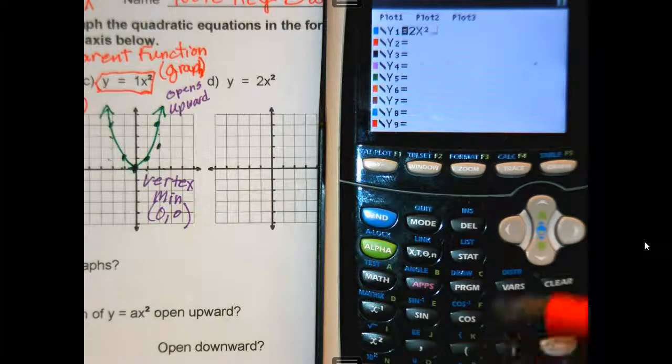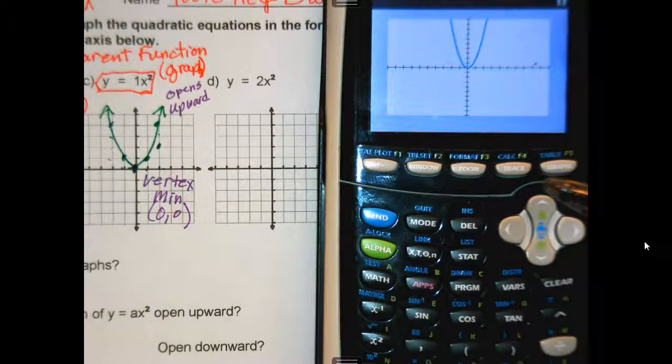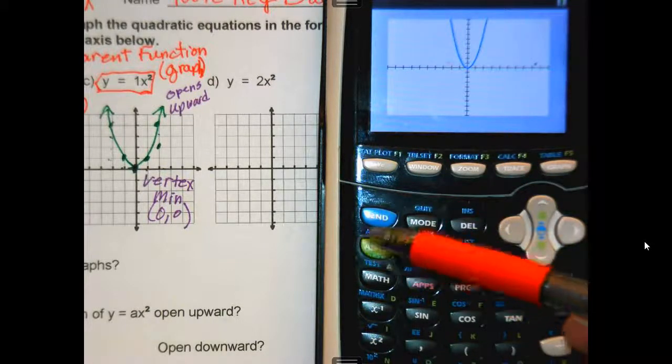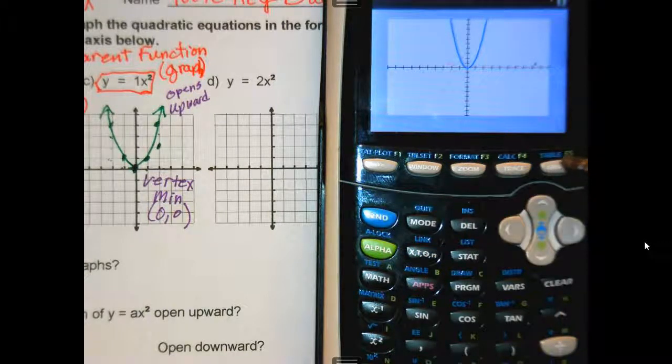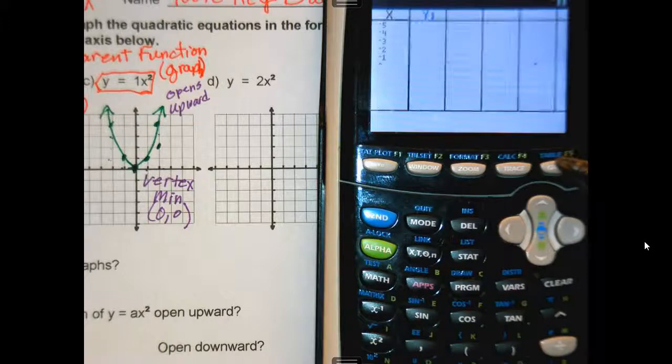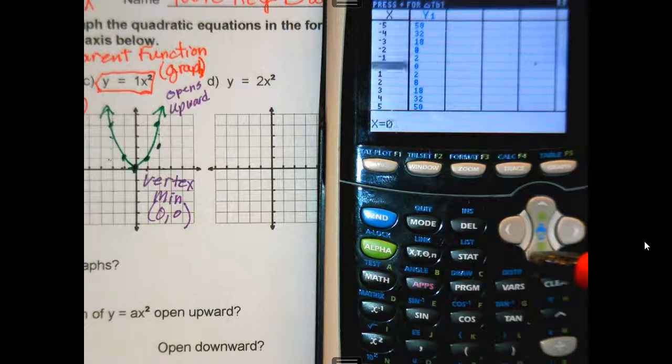Graph this. There's my graph. I'm going to get some numbers so I can sketch it accurately on my paper. Second key graph to get my table. I'm going to find my vertex.